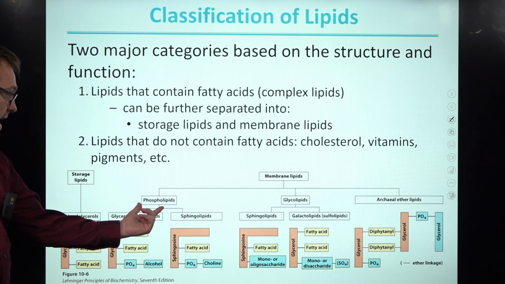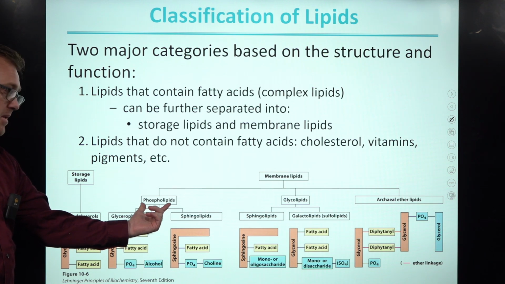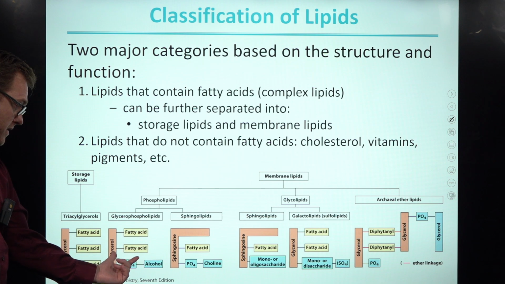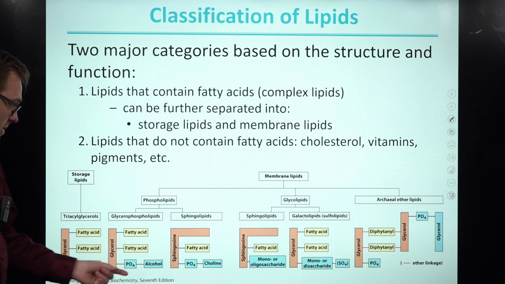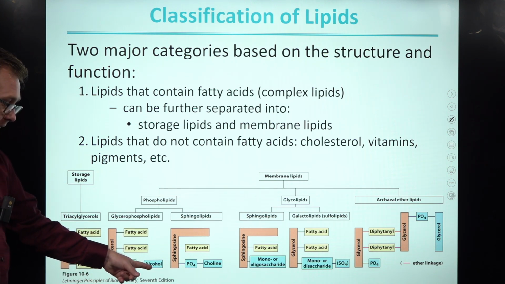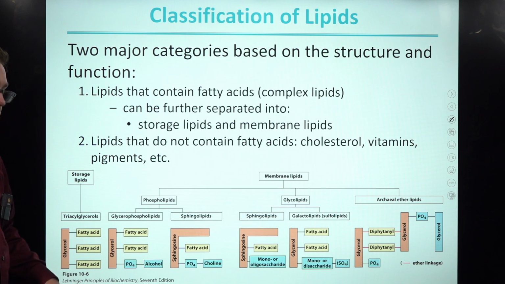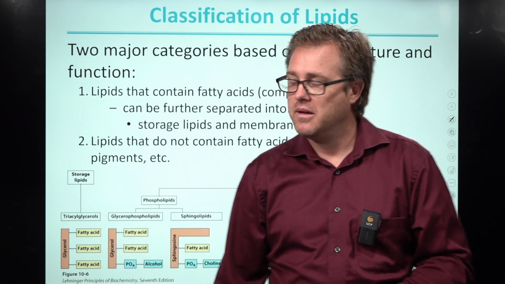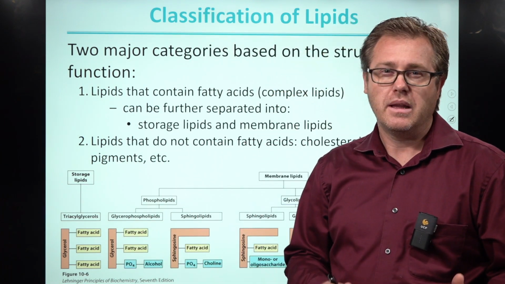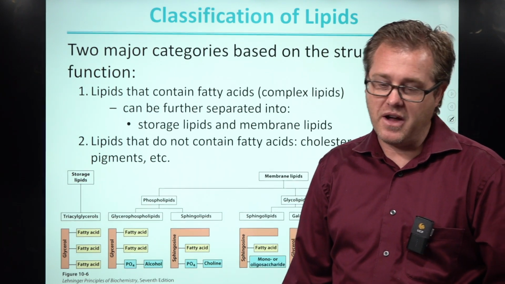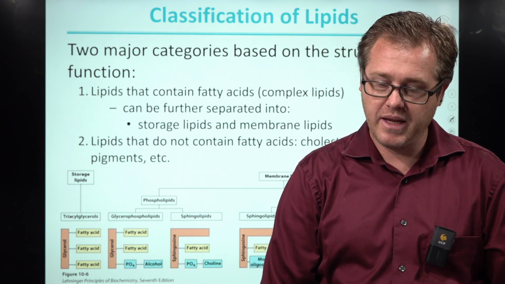They are under a class of phospholipids, and we'll talk about this all in a minute. But you can see what they're composed of. A glycerol phospholipid is composed of glycerol, 2 fatty acids, a phosphate, and an alcohol. So I want you guys to basically memorize this slide, okay? And the function or the components of all these lipids.